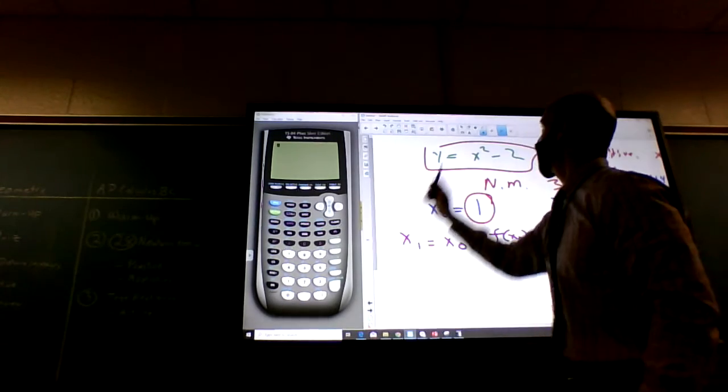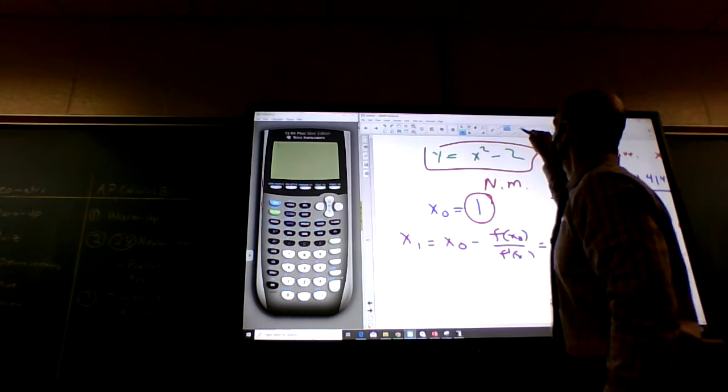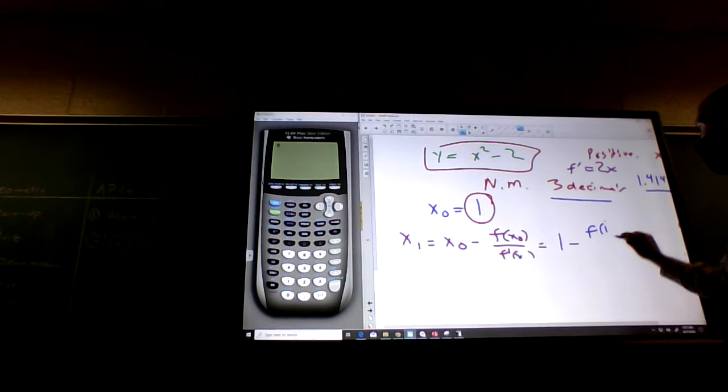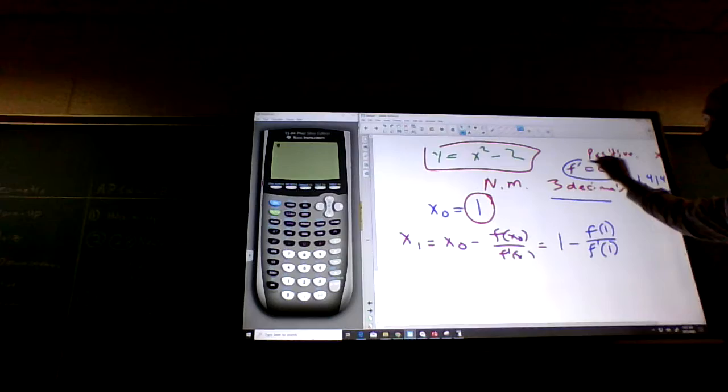So to do this, we're going to do 1 minus f of 1 divided by f prime of 1. Now notice we've already got f prime defined here.